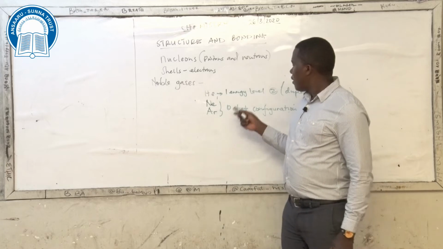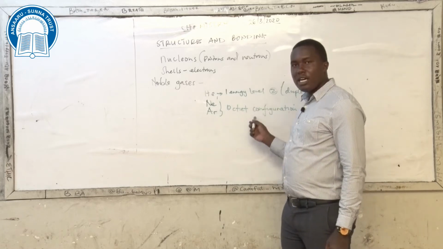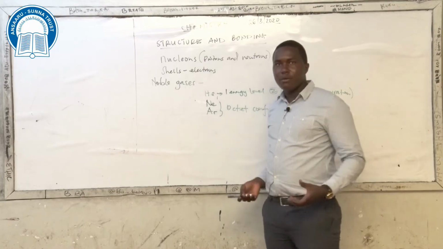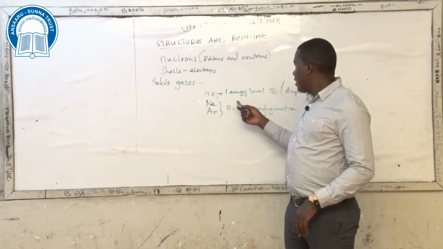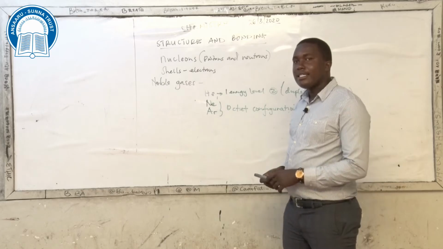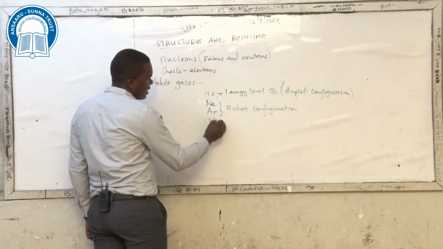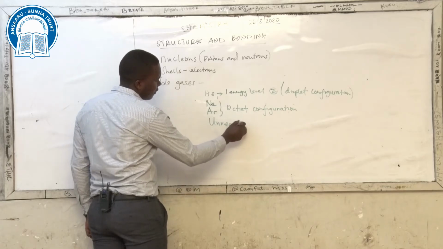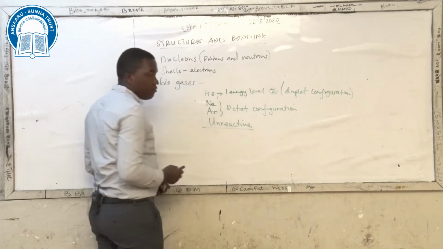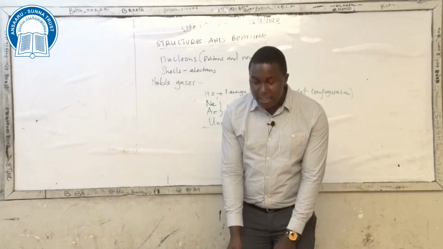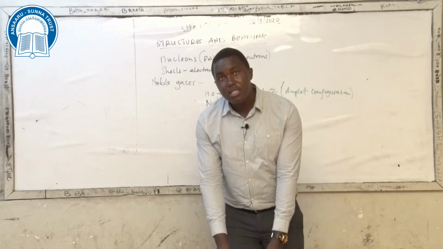So these two configurations are what make atoms bond, to attain them, because they are stable. And for that reason, noble gases are generally unreactive, because their outer shells are completely filled up with electrons, and they neither gain nor lose electrons.